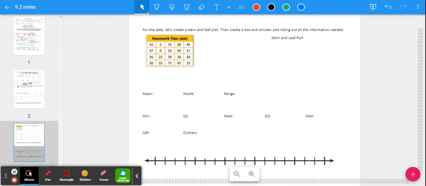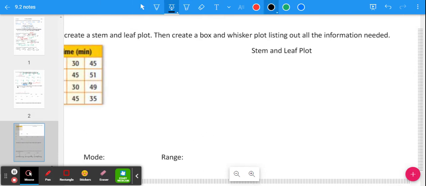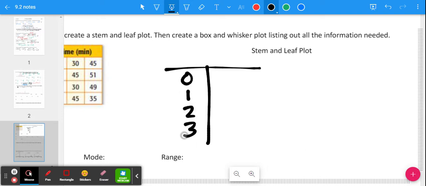So when we flip to the next page, we have a table of our information, and it tells us to make a stem and leaf plot. To do that, we have to set it up. So we have our stem and leaf plot is 0, 1, 2, 3. I'm writing too big.